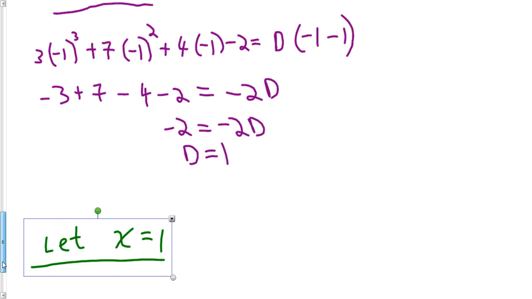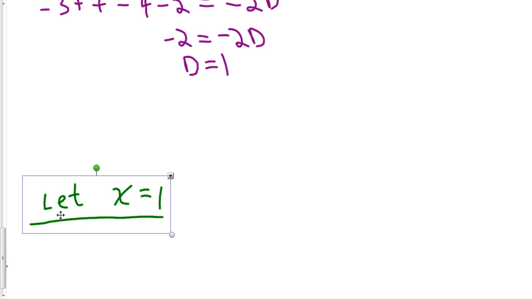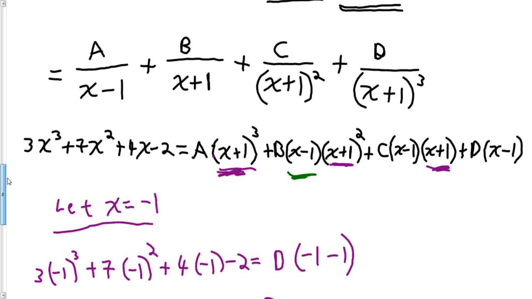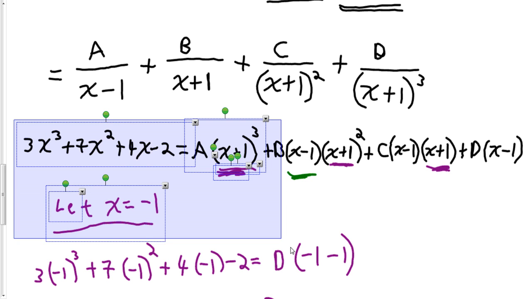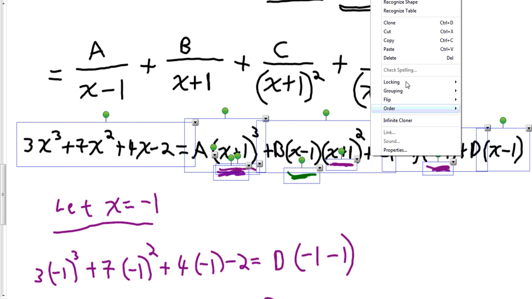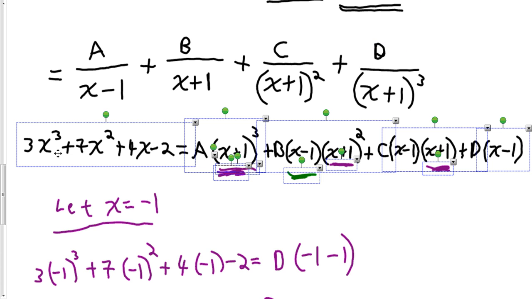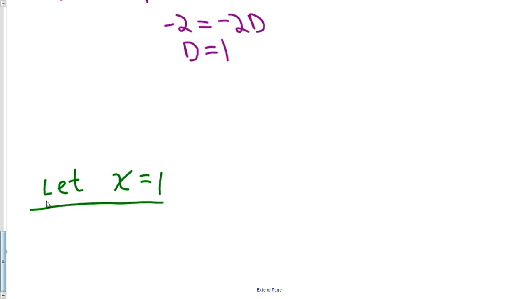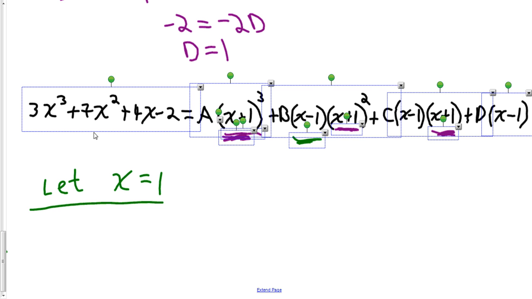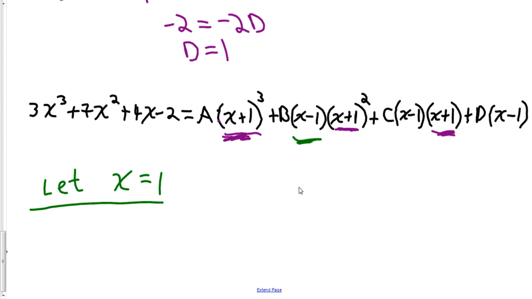All right, let's bring this down a little bit. Because what I'm going to do now is replace all the x's in this expression here with plus 1. So let's bring that down here so I can see. So once again, I'm going to take this and replace all the x's with plus 1.